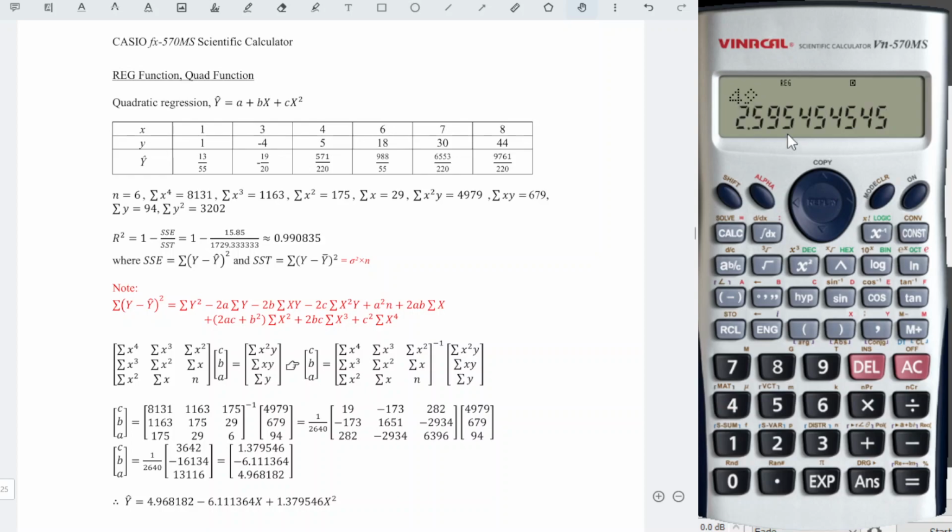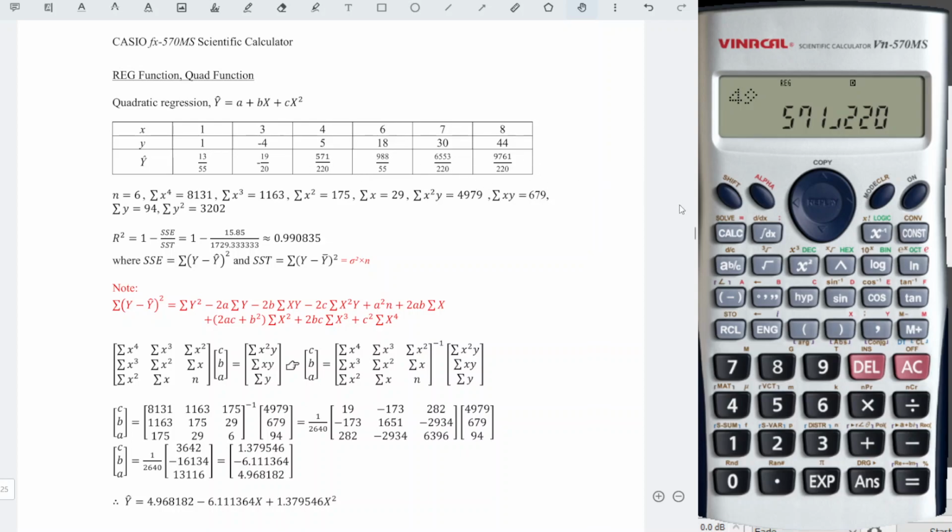So we will obtain the value. If we just press the fraction button, we will obtain a mixed fraction. If we want an improper fraction, we press Shift and the fraction button and we will obtain the improper fraction. We just repeat for the rest of the x values and we will obtain all the y estimates.